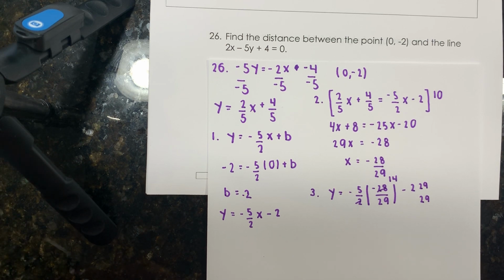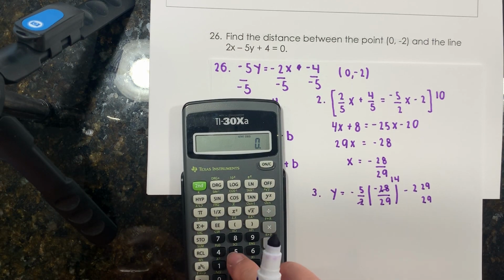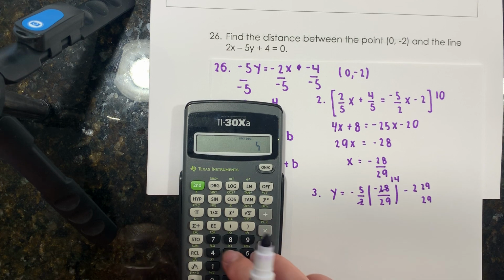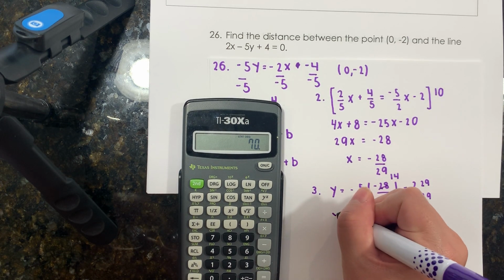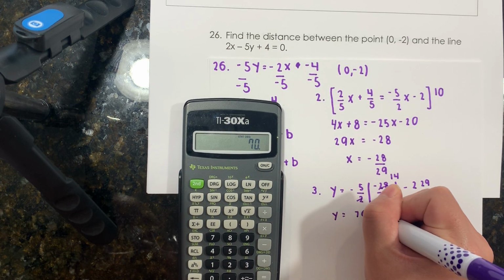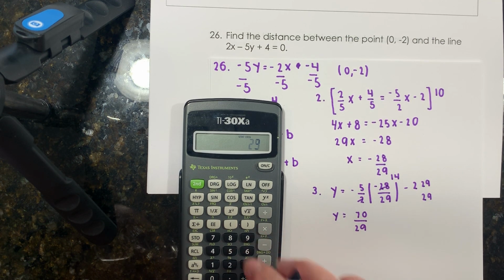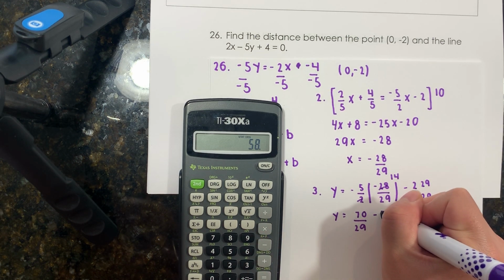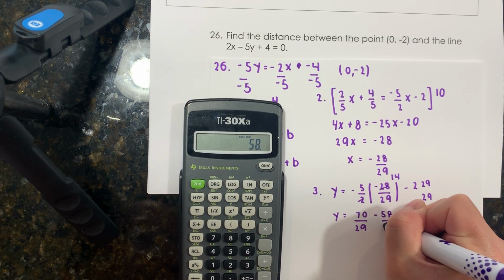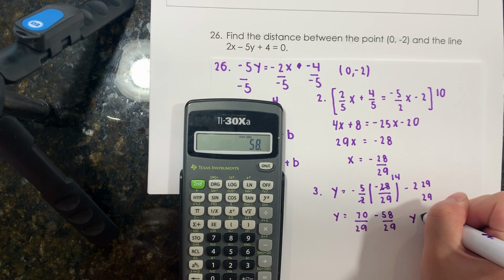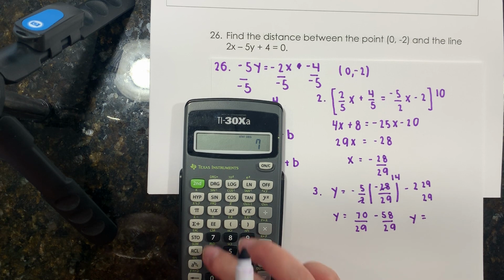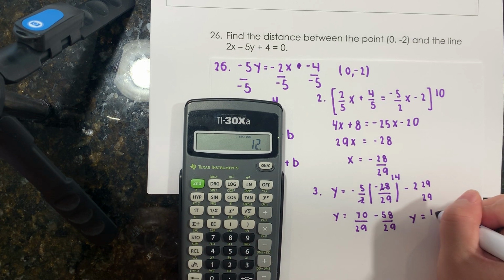So, wow, 14 times 5 would give us 70 over 29. Now 2 times 29 gives me 58 over 29, which means that my y is going to be equal to 12 over 29.